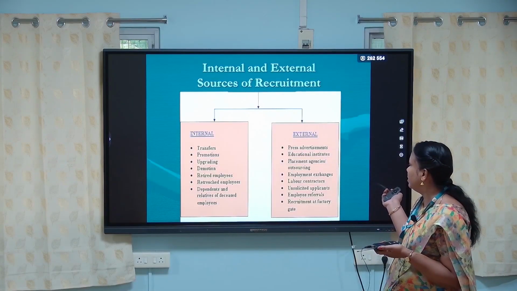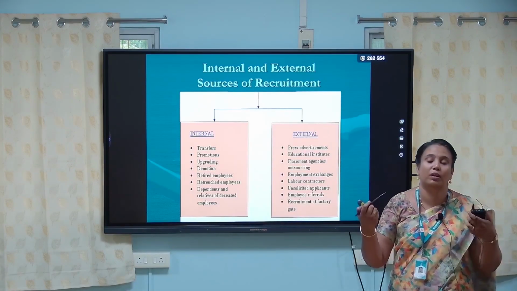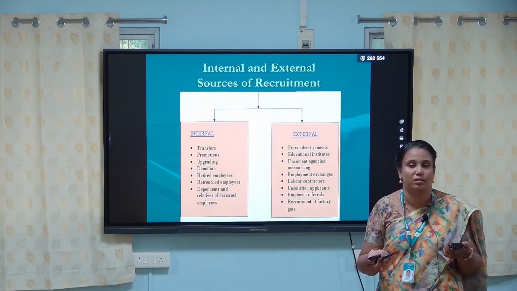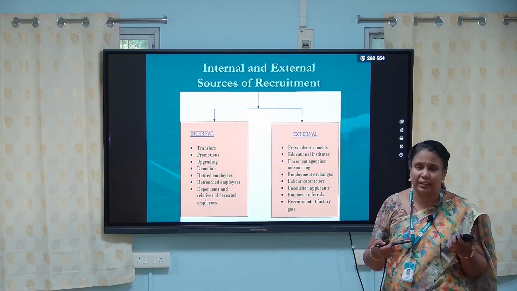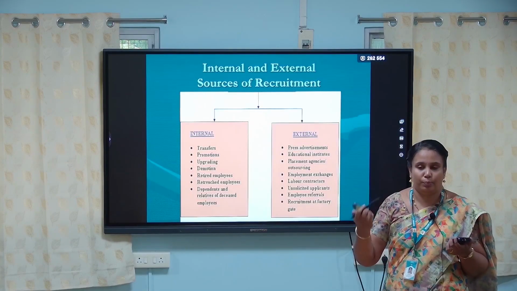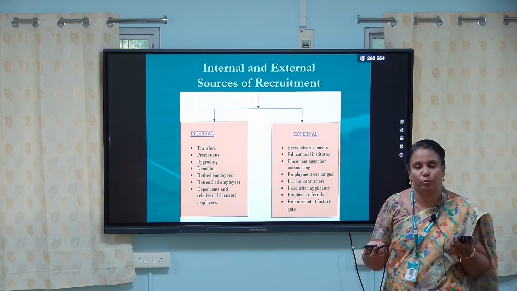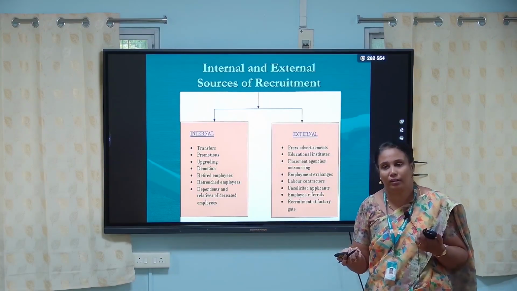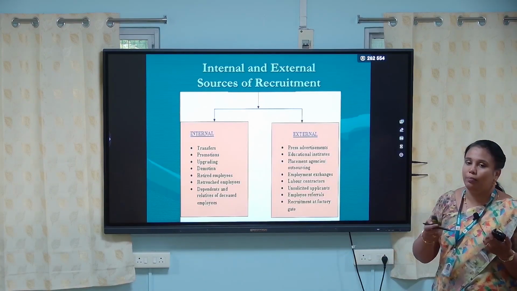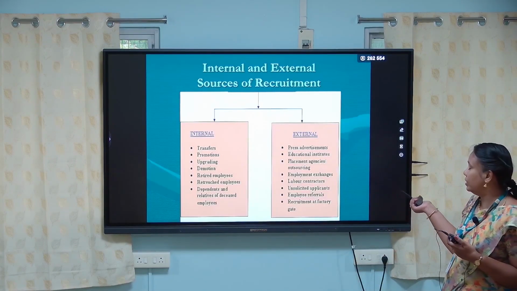And then placement agency or outsourcing: the organization will approach an external placement agency. They hold the details of the candidates, so the organization can get the details and call them for the interview. This is a paid option for the organization.